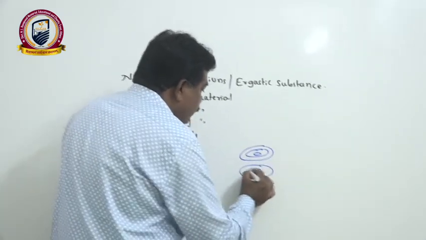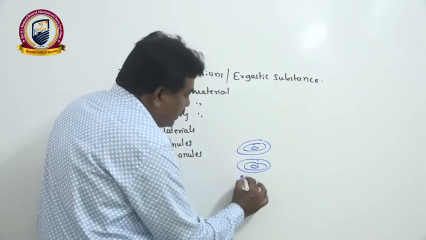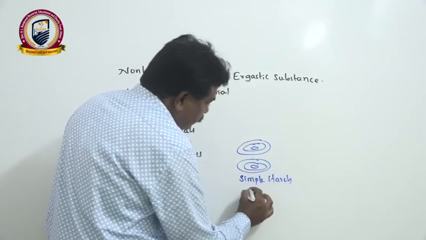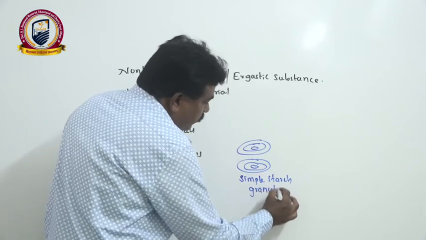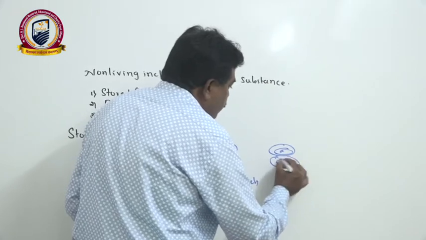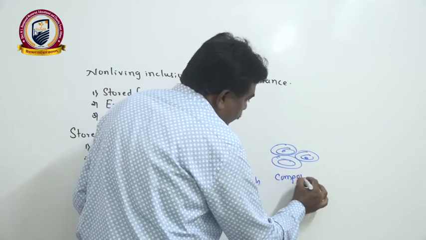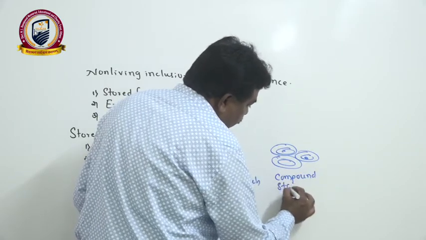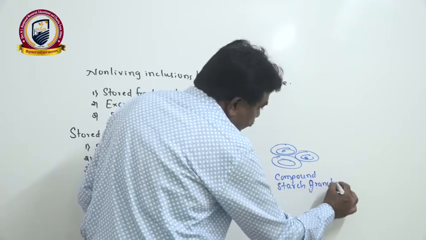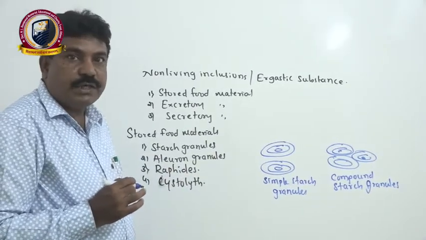These may be present singly, and at that time we call them simple starch granules, or they may be fused, and then they form compound starch granules. Starch-rich seeds, when you observe them under an electron microscope, have starch granules in their cytoplasm.